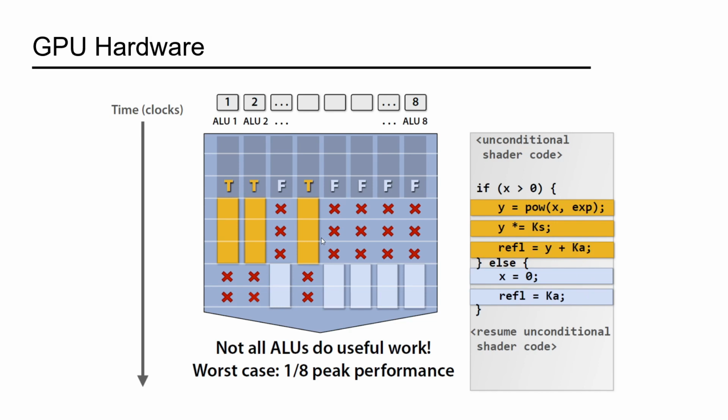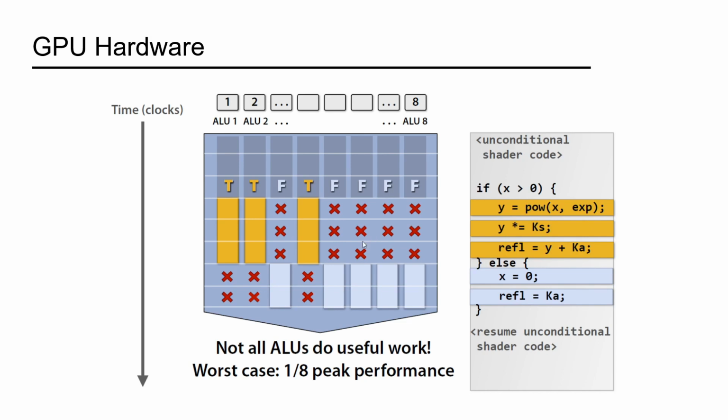But we can't tell the yellow threads to continue on the operation and skip the second code block. Likewise, we can't tell these 5 gray threads to skip the first code block. Because they're all being fed the same instructions, they all have to compute these operations, even if they're not useful calculations, and we're going to disregard the output from that anyway.